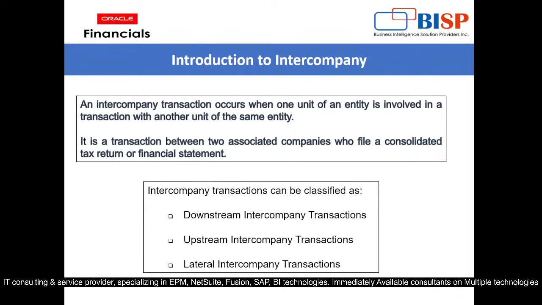So the intercompany transactions need to be interpreted differently than by either of the participating units. The difference in interpretation generally results in the elimination of certain account balances from the consolidated financial statement.